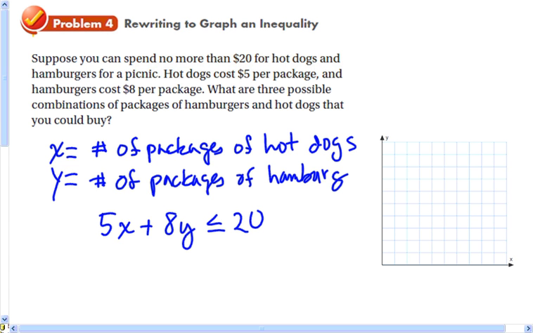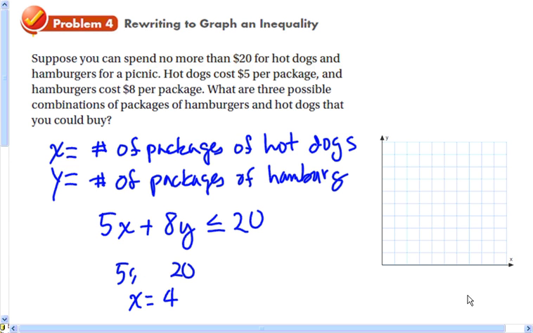All right. Now, if I graph that, one thing I can do is use my intercepts to help graph that. My x-intercept, that's when y is equal to 0. To find that, I can just do 5x plus 8 times 0, which is this. x is equal to 4.